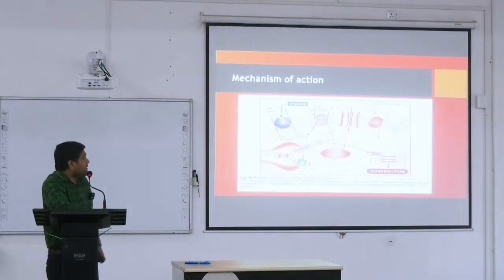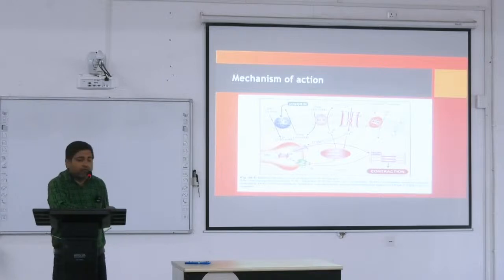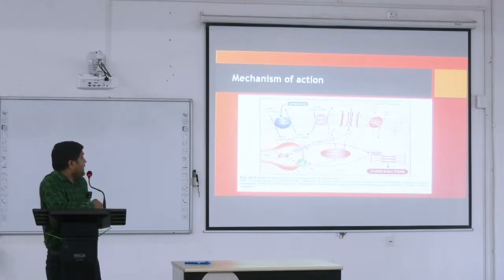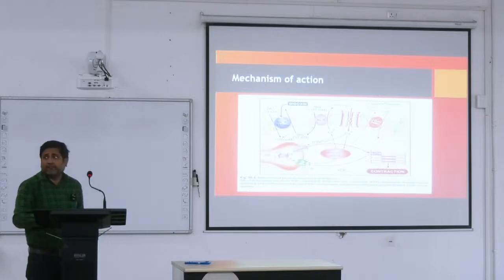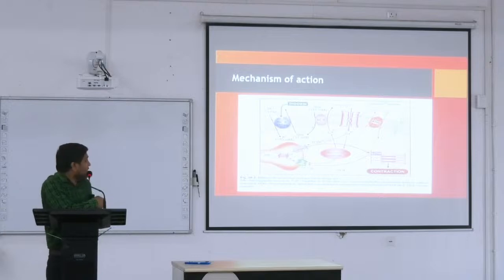Look, this is a schematic diagram showing the mechanism of action of digoxin. Here digoxin is binding to the sodium potassium ATPase pump from the extracellular phase. This is the cell membrane, this is the cytosol, and this is the extracellular phase.